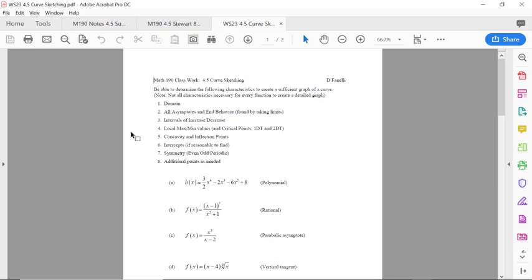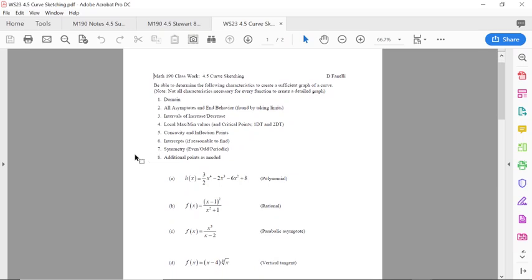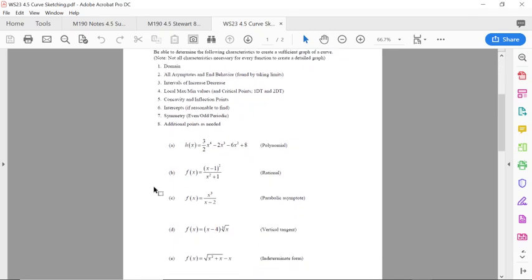Also state the intervals of increase and decrease in the concavity, for instance. Investigate symmetry. Does this function have even symmetry, odd symmetry, or periodic symmetry, or does it have neither of these types of symmetry in it? Okay, so to be able to answer all types of questions about these functions, but not necessarily having to do all of these steps for every graph that you create.